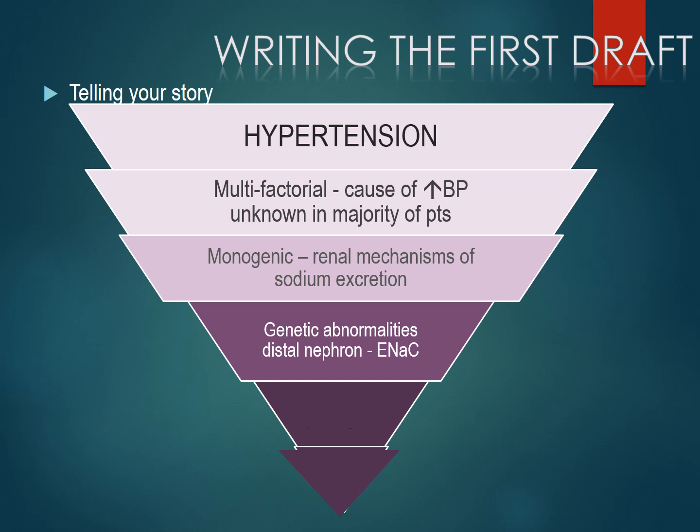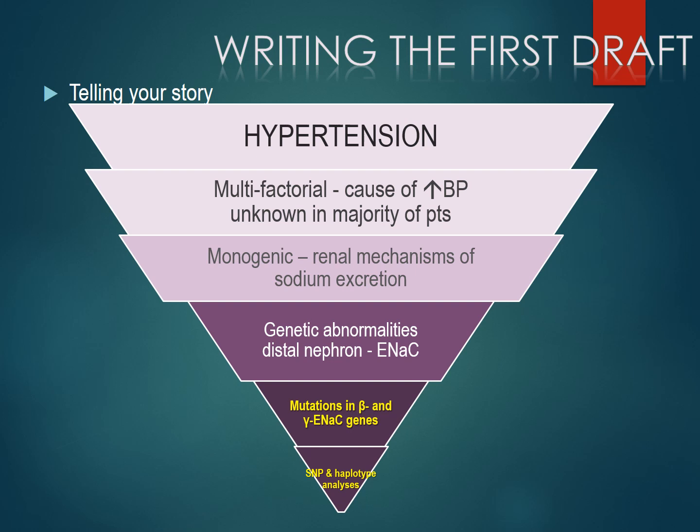We know that there are genetic abnormalities in the distal nephron that play a pivotal role in the development of hypertension, specifically mutations in the genes encoding the epithelial sodium channel, more particularly in beta and gamma units of these genes. And finally, several studies on single nucleotide polymorphisms and haplotype analyses have been elucidated recently in the literature.